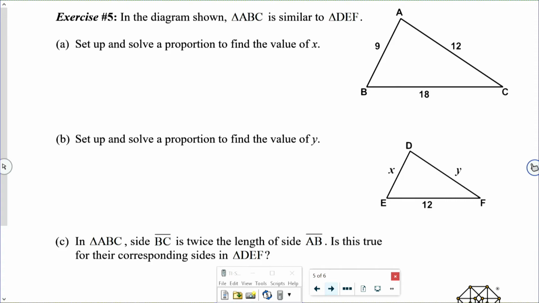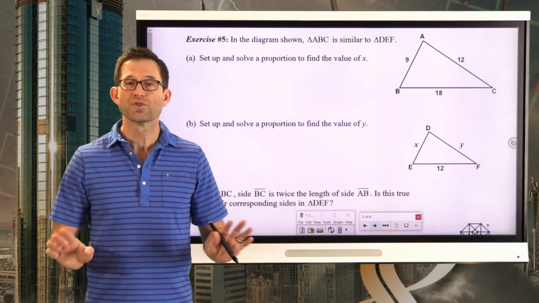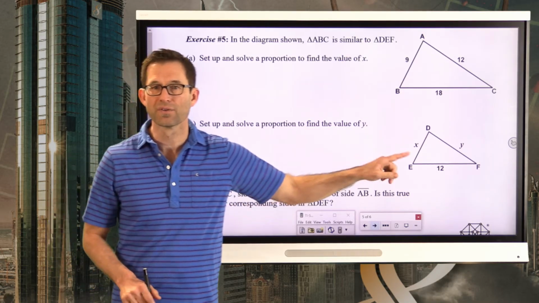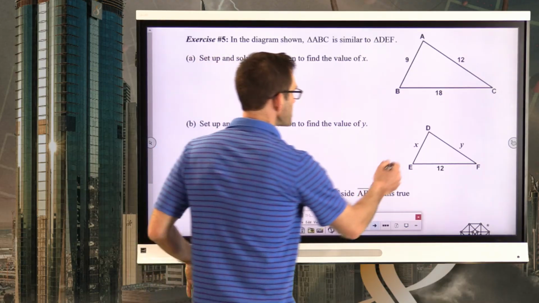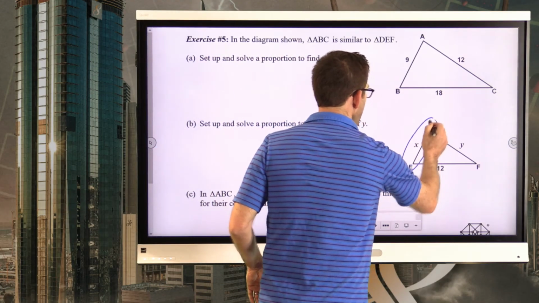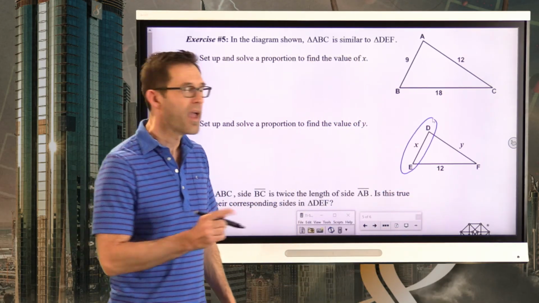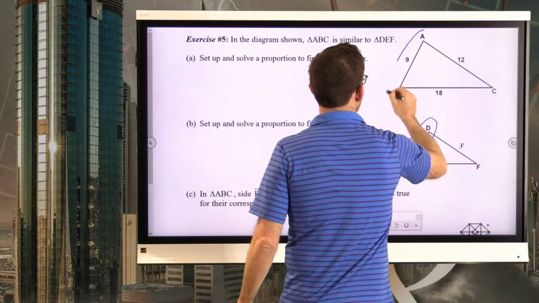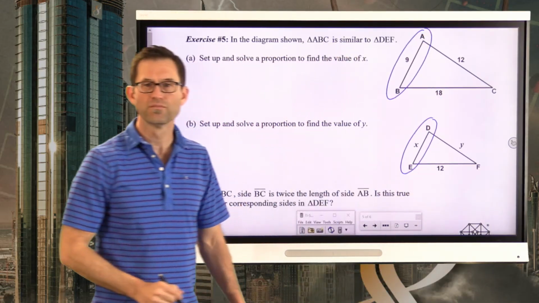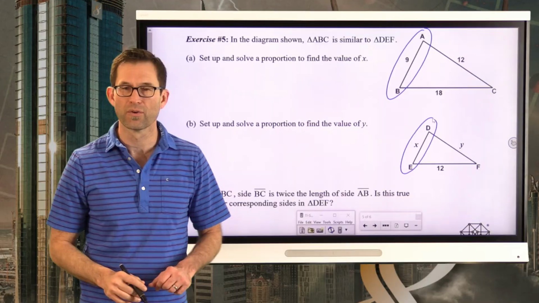Letter A asks us to set up and solve a proportion to find the value of x. All right, so just for a second, here's x. And x is the length of side DE, and that corresponds to side AB. So those two sides correspond to each other.